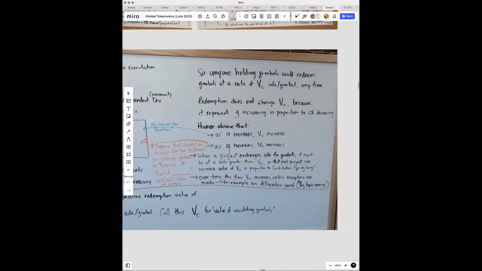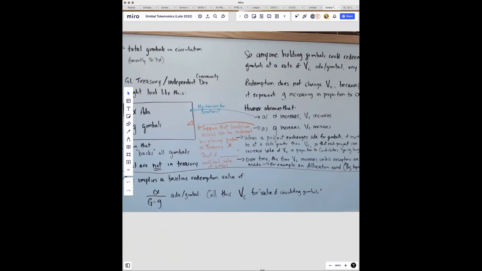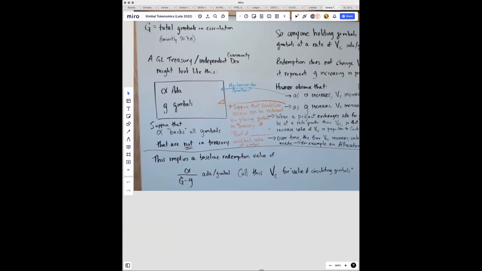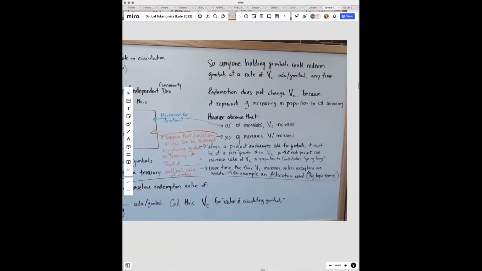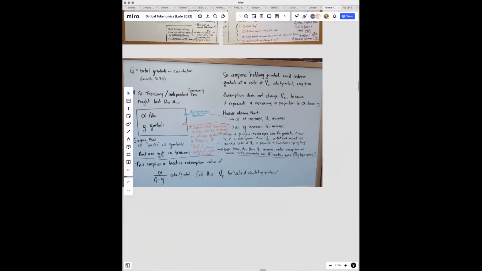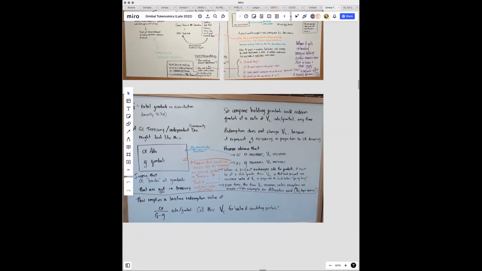What this means is that, anytime people holding gimbals redeem, that value is not changed, right? This would be this alpha divided by big G minus little g. That would give us this VC rate, the value of the circulating gimbals that are out there. And so when a project happens, if everybody redeems for this project rate right here because they need the ADA right now, or for whatever reason, all right, fine.